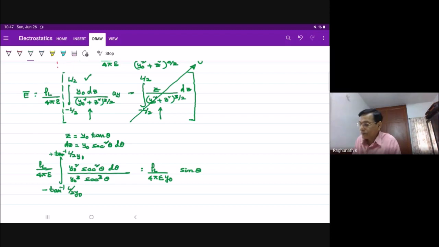I will call this theta 2 and this theta 1, so sin theta from theta 1 to theta 2. Please check it now. Or it is actually minus theta 1 to plus theta 1, whatever it is.